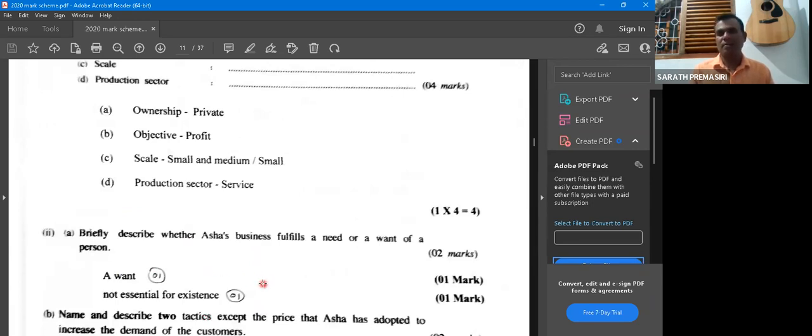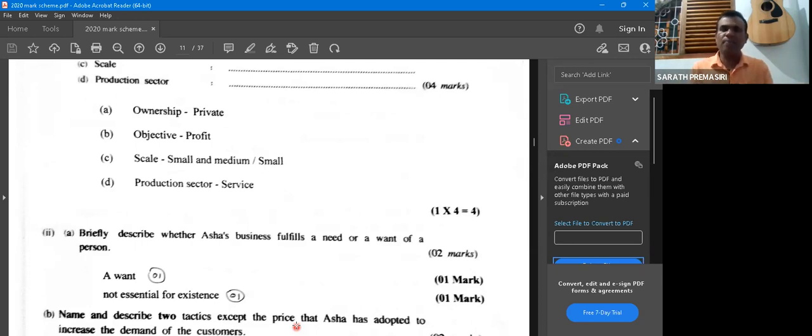B part. Name and describe 2 tactics, except the price. You see now, for example, there are some price strategies. There are a number of promotional strategies used by business. One is price strategy.